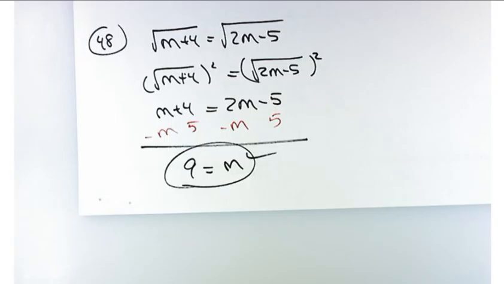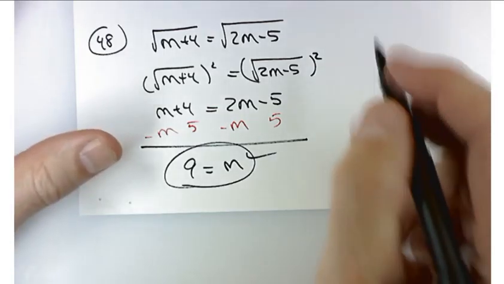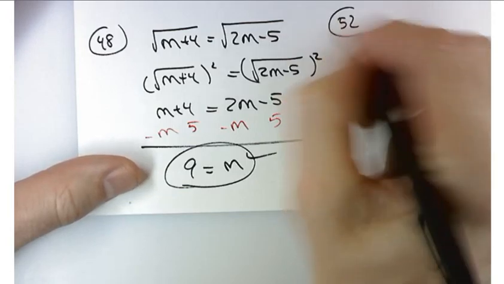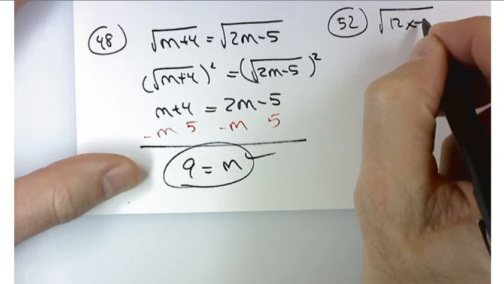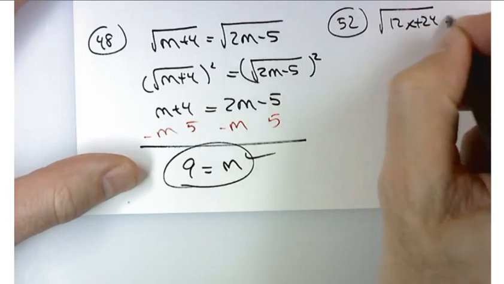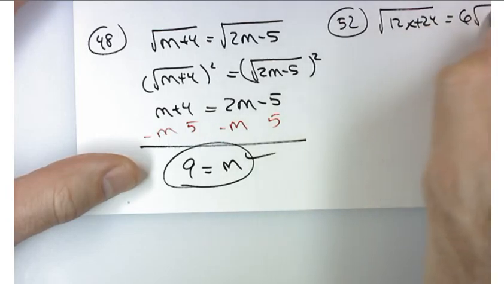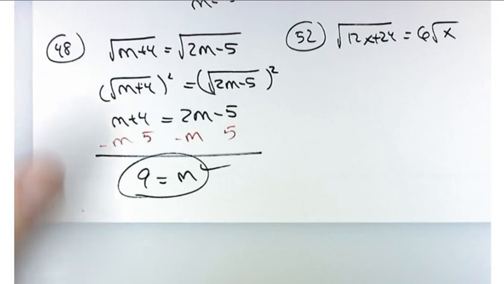You do have to be a little bit more careful when we work with problems like 52. The square root of 12x plus 24 equals 6 times the square root of x.